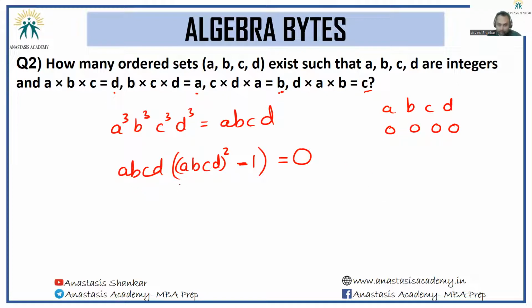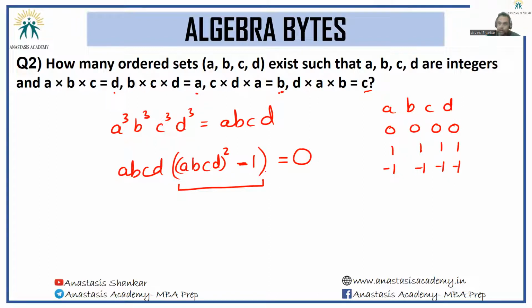Another case would be when ABCD is equal to 1. So one case when all of them are equal to 1, that would be acceptable. Another case when all 4 of them are -1, even that would be acceptable.